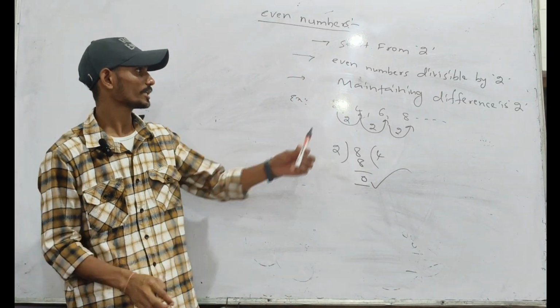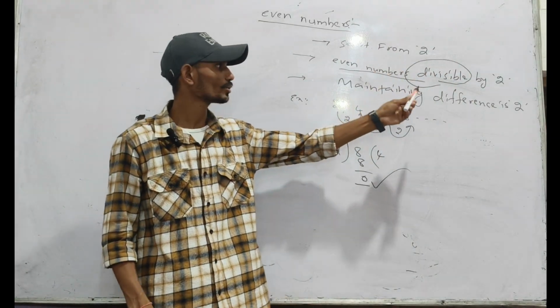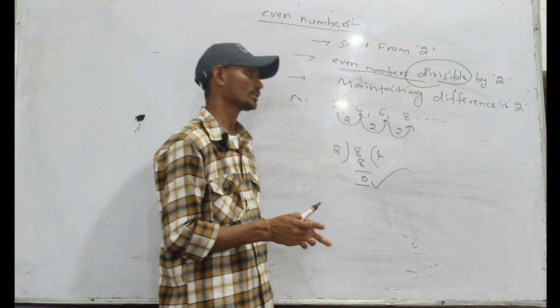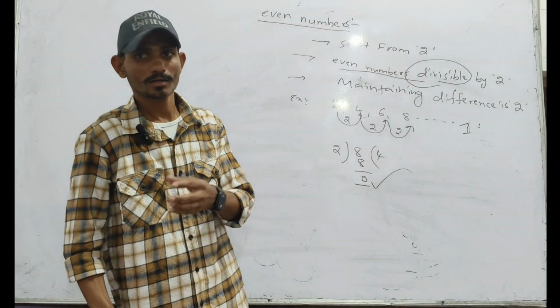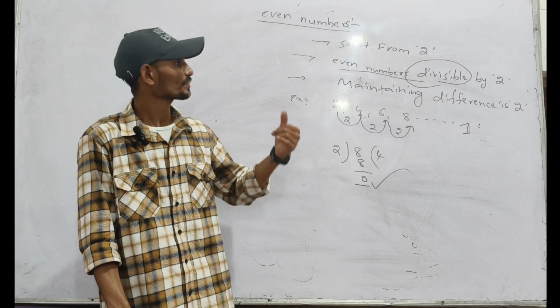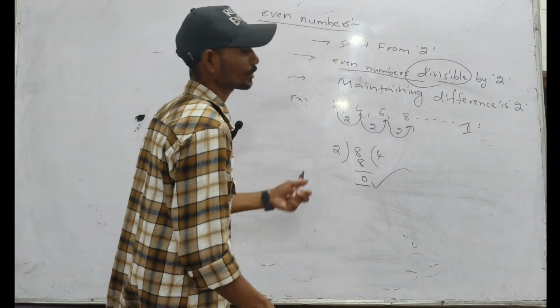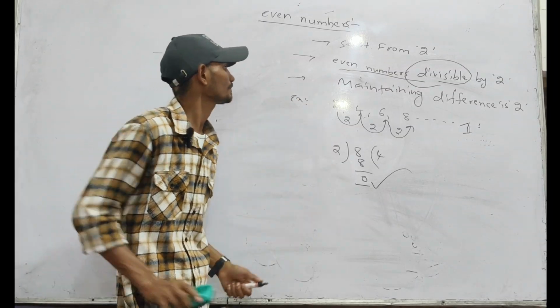That's why I am saying even number is divisible by 2, and odd number is not divisible by 2, which means the remainder is always 1. Okay, now you have understood the concept of divisible and not divisible. Then you can easily identify which are even numbers and which are odd numbers.